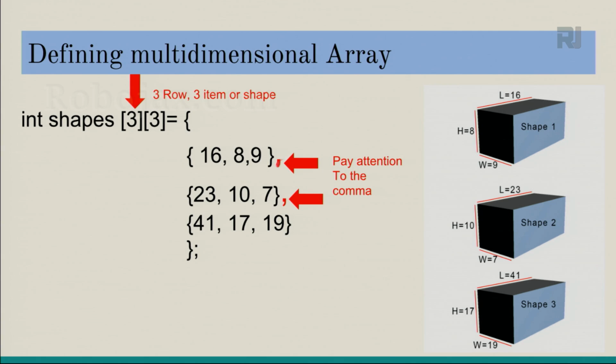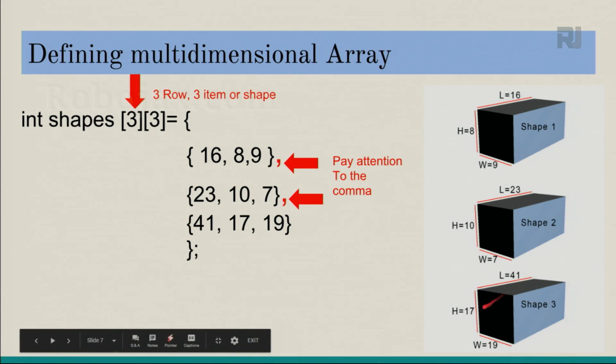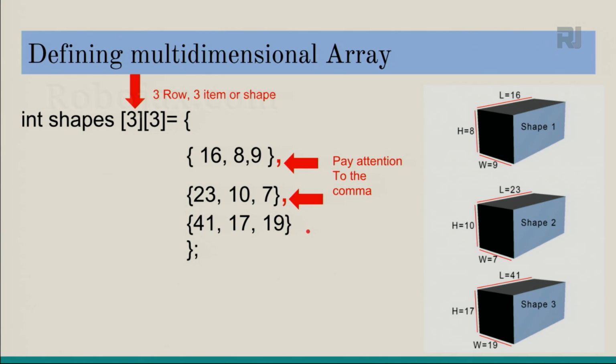So again pay attention to these commas. If there is another item after this we will put a comma, and as you can see the third one is 41, 17, 19. So you have to be consistent. If this is the longest portion, the length, width, height, all of them should be the same so they match.